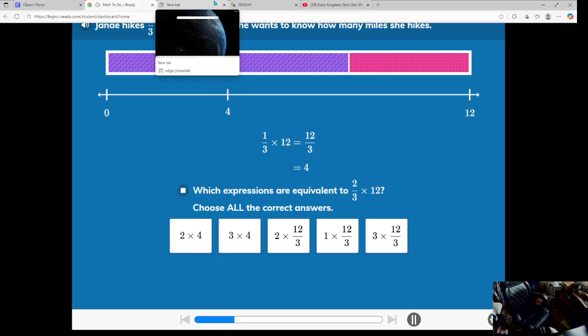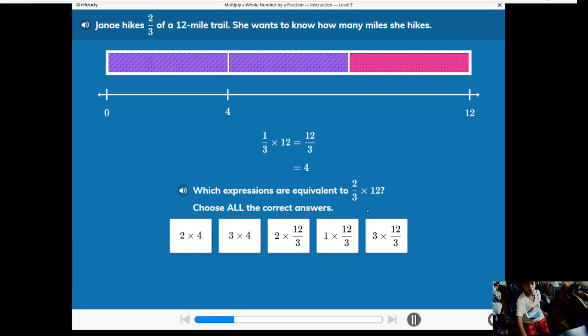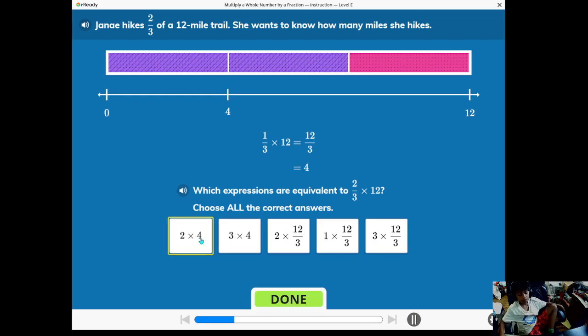Choose all the correct answers. 2/3 times 12 is equal to 2 times 4. 2 times 4, and 2 times 12 over 3.